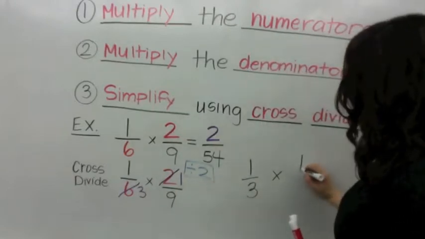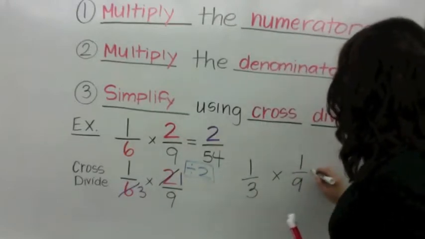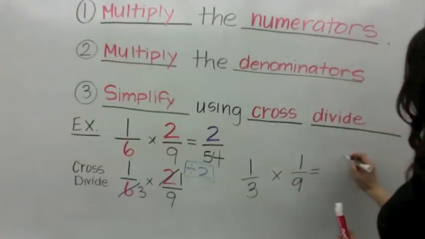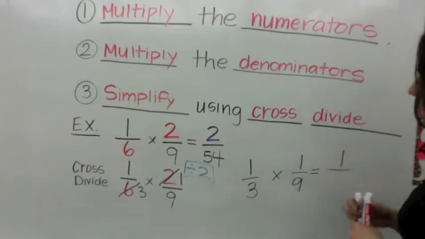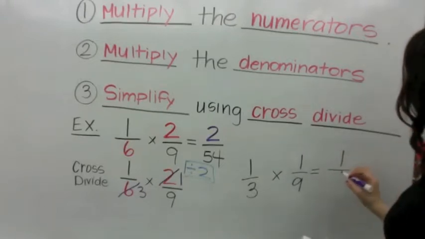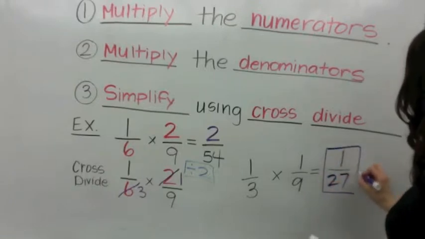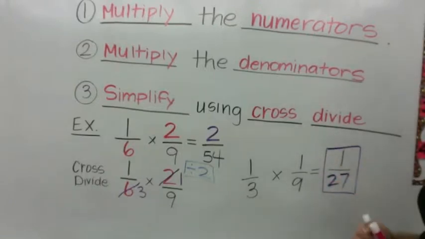The new numerator is 1/9. So then that becomes pretty simple. 1 times 1 is 1, and then the denominator is 3 times 9, which is 27. So that is how you cross divide, which is another way to simplify.